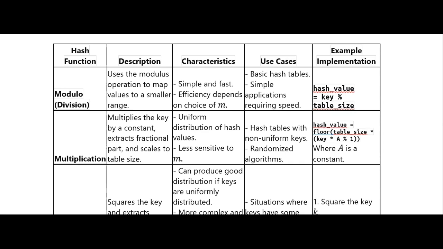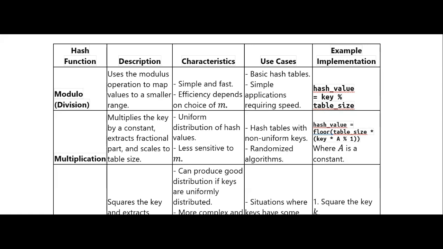Okay, so this is used for mapping, as I said, the minus infinity to plus infinity size of input, so it will be able to map into a smaller range of indexes that are available in the array. The characteristic is that it's very simple because it just uses the modulus operation, and it is very fast. The efficiency of this method depends on the choice of m.